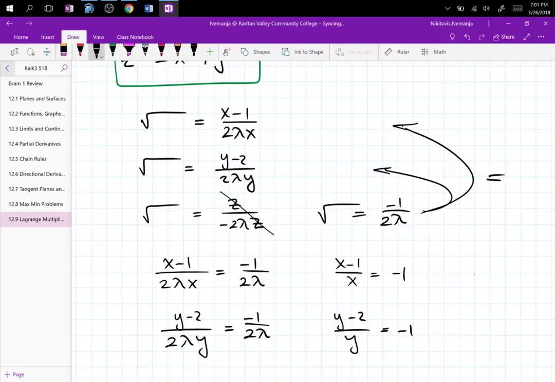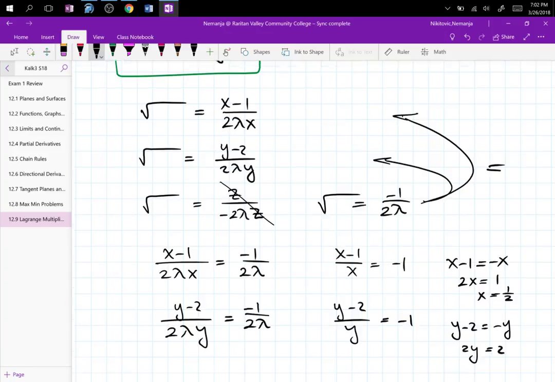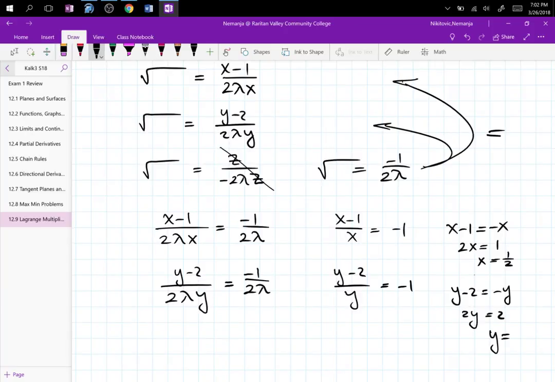The top equation becomes x minus 1 equals negative x, from where 2x becomes 1 and x becomes a half. On the bottom equation, y minus 2 becomes negative y, and 2y becomes 2, and y becomes 1.